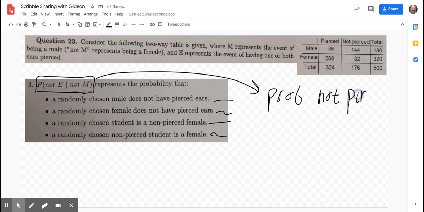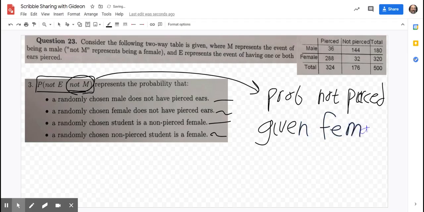That's the event. And the second part, as I've said many times, is the given. So that's the way I'll put it. Given. And since not M is just our symbol for female, now we know we have to look for the English that corresponds to asking about ears not pierced, given the fact that the student is a female.